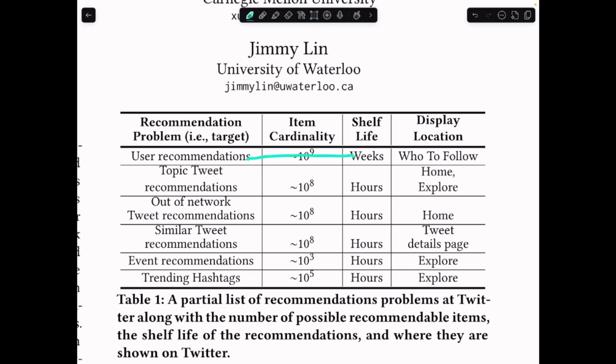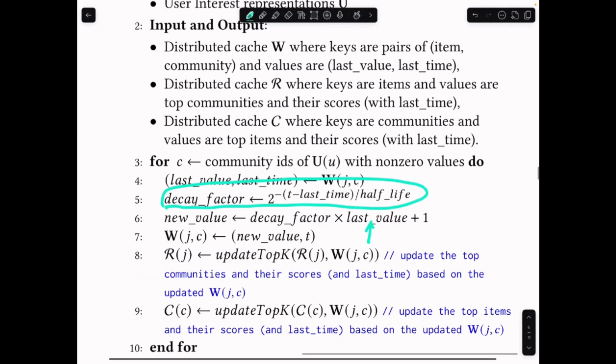For example, here it assumes user recommendations change less, but tweets and topics should be constantly changing, and the stream update is more needed. So for tweets or topics, they will have a smaller half-life, meaning if the item is too old, we will preserve less of the value by having a smaller decay factor.